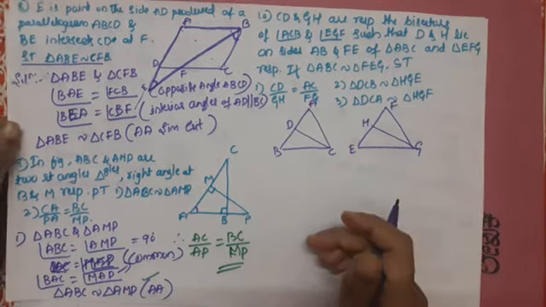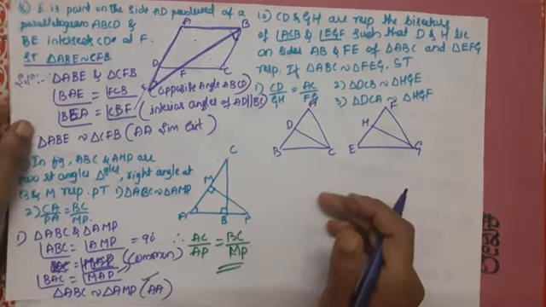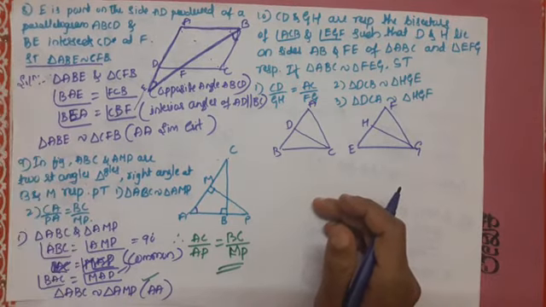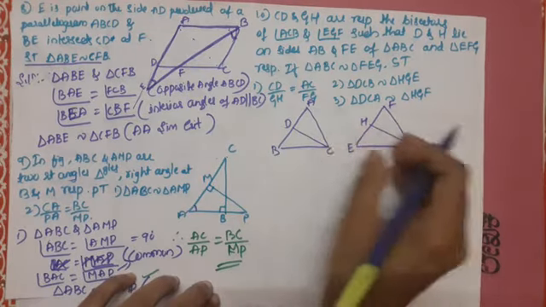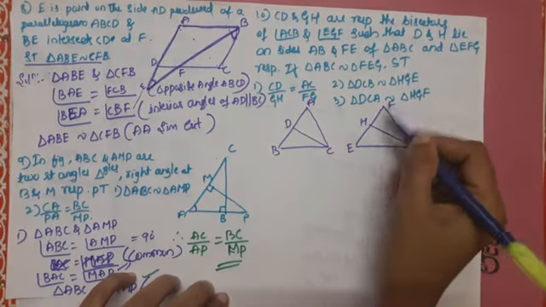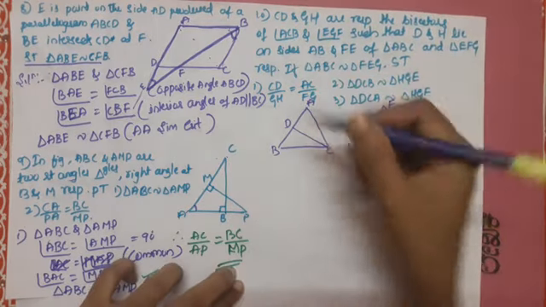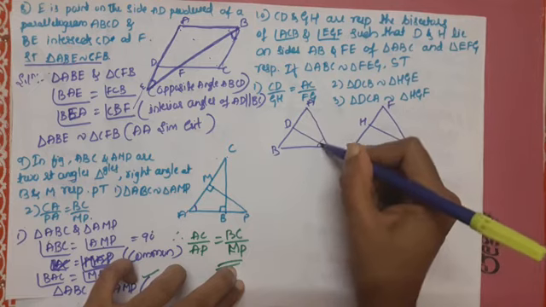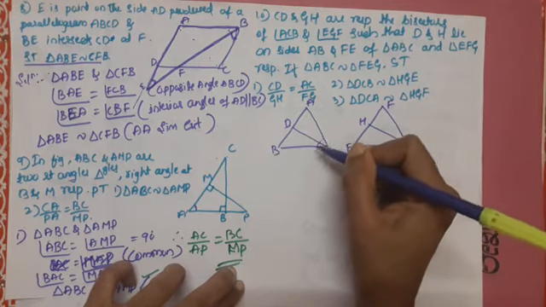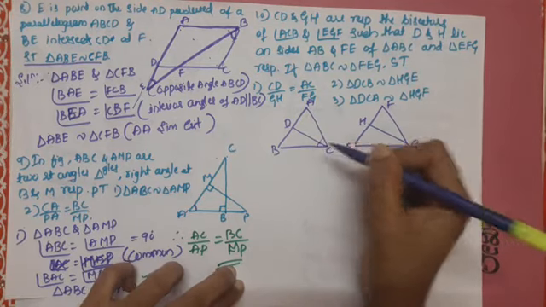So 10th question: CD and GH are respectively bisectors of angle ACB and angle EGF, in the two triangles ABC and EFG. CD is a bisector of ACB. Bisector means it divides the angle into two equal parts.